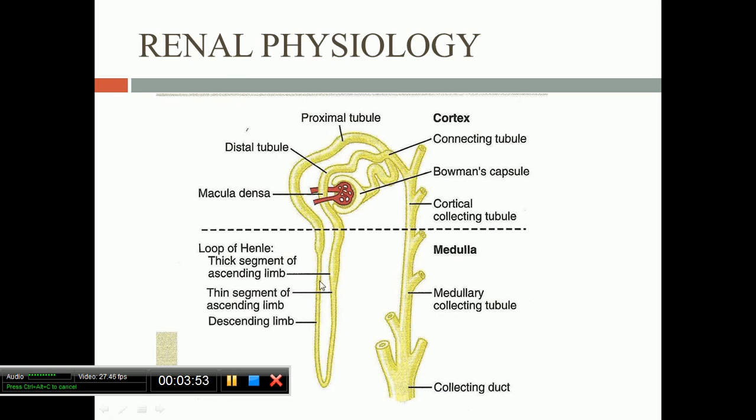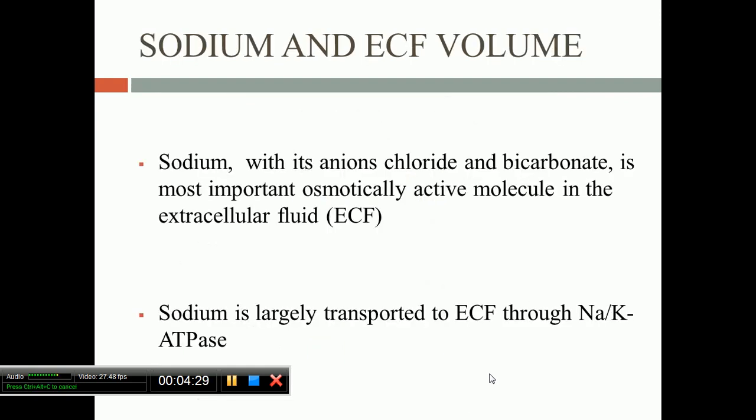Then there is the loop of Henle. It has two parts: a thin descending limb, then a thin ascending limb climbing up, then the thick ascending part. Then you can see the distal convoluted tubule with different convolutions. Then there is the collecting tubule, then collecting ducts. So that was a short remembrance.